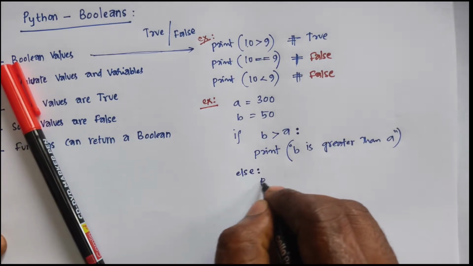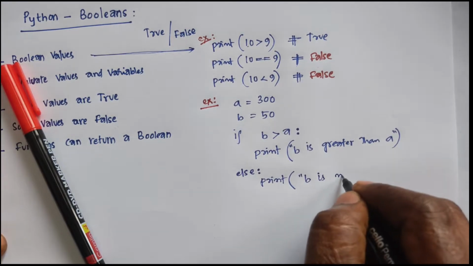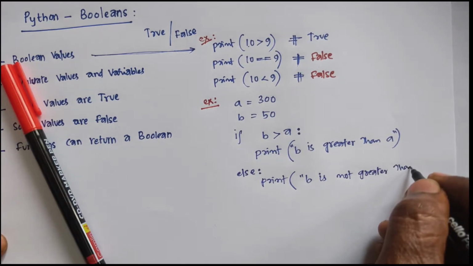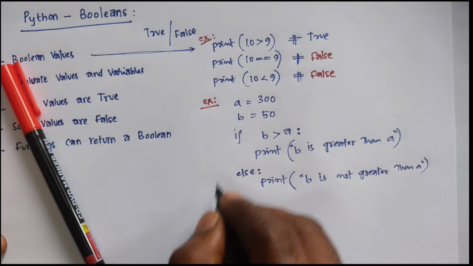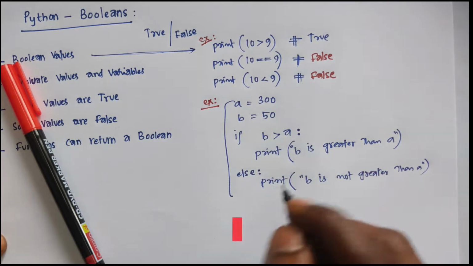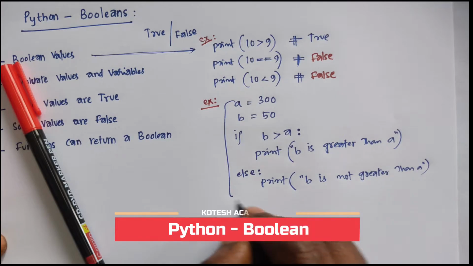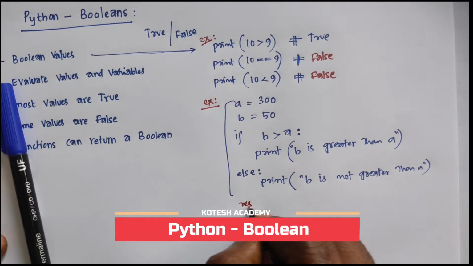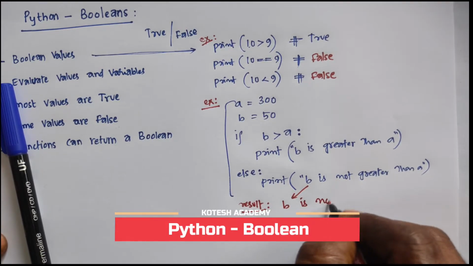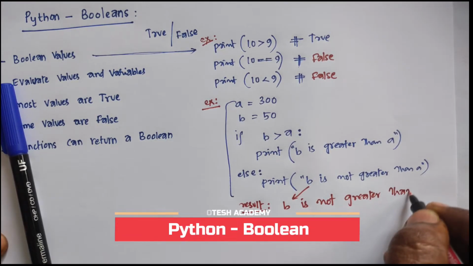Then you can write print("b is not greater than a"). After execution, you can check that the b value is 50 and the a value is 300, so that's why you will get the result "b is not greater than a".